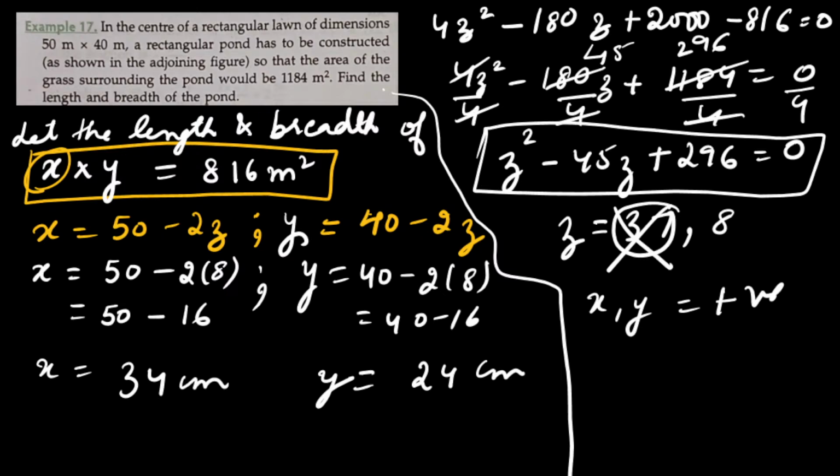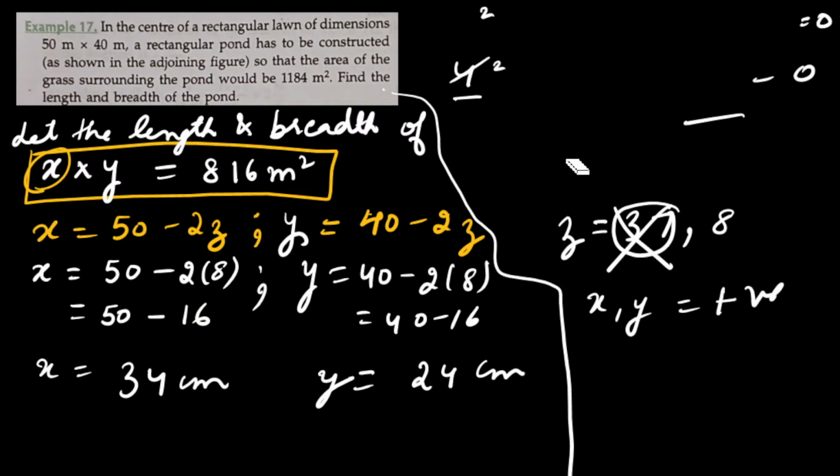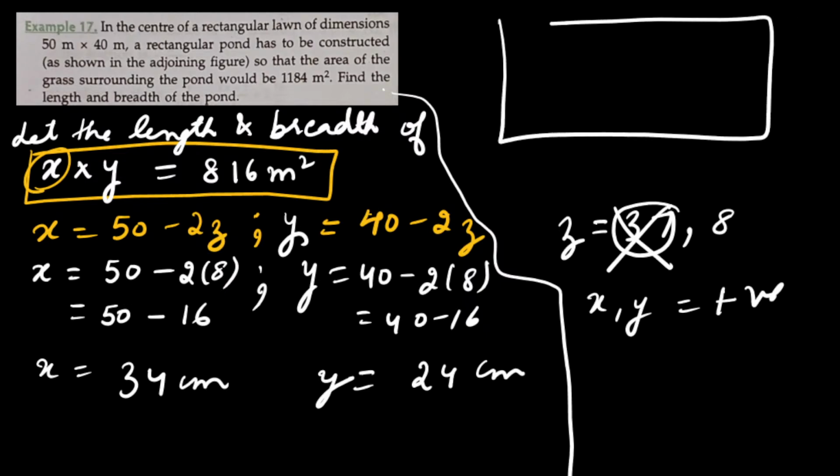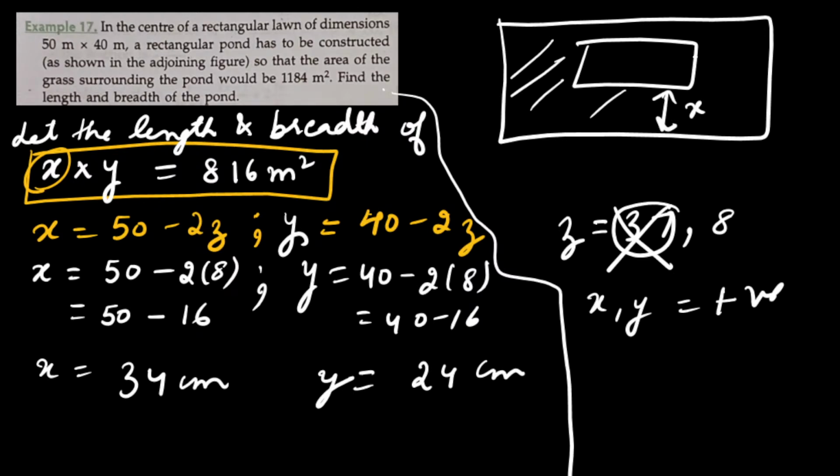This question was a little lengthy, but you have to remember the pattern. Whenever you get this type of question, with inner area and outer area, and uniform thickness here, here and here, you first have to do area subtraction: from the outer area, subtract the area of the inner one.